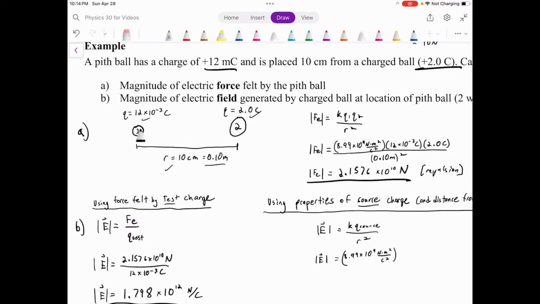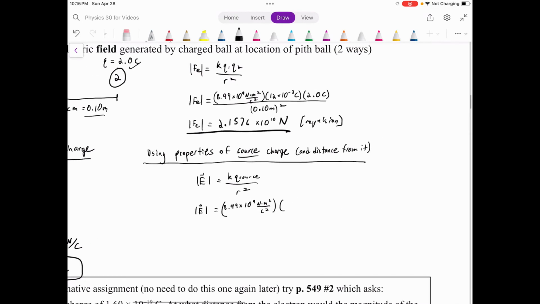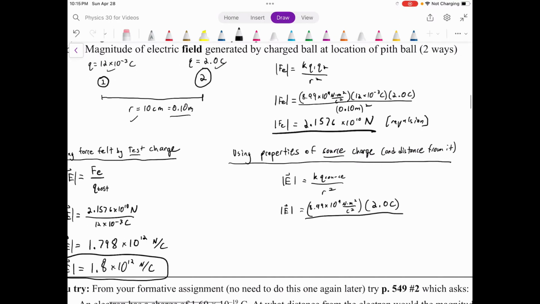At this location, right? Not this actual physical object that is a charge, but just at this location. That's all we need to know is how far is that place from the thing creating the electric field, right? So I'll just say the source of the charge, the thing that's generating the field we're interested in, is 2 coulombs, and we are 0.1 meters away from it.